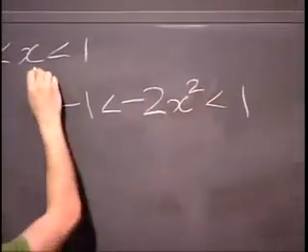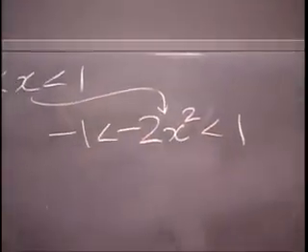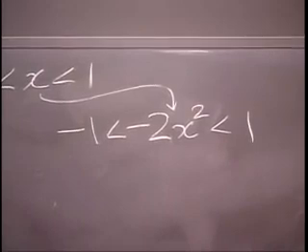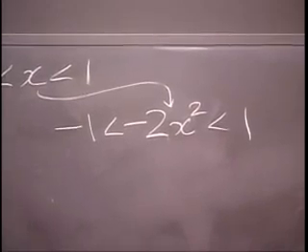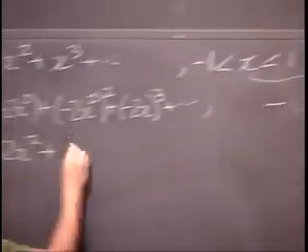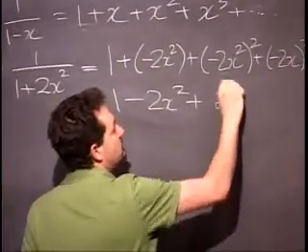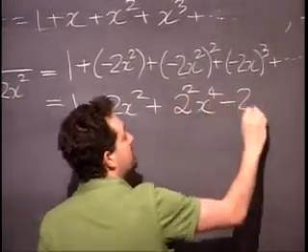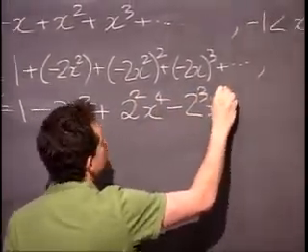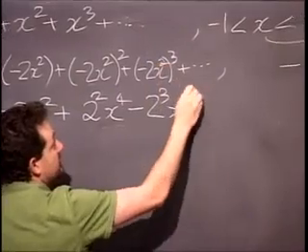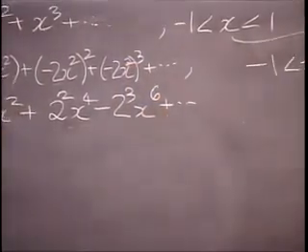You must also replace the x in the inequality, or else you will run into all sorts of problems. All right, so we simplify this. It becomes alternating. 1 minus 2x squared plus, well, we can write 4, 2 squared x to the 4th, minus 2 cubed x to the, I left out the 2 here, so it's 6, and so on.